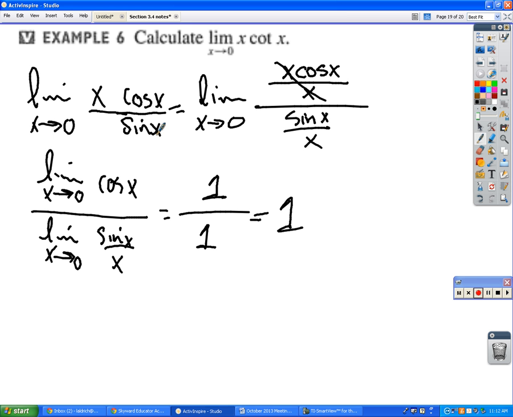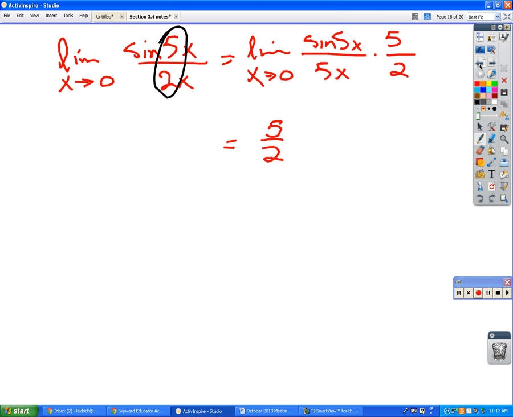Yeah, so I took this and I multiplied this by 1 over x and I multiplied this by 1 over x. And that gave me this. And I knew to do that because I knew I wanted sine of x over x, just like with these other problems here, I knew I wanted sine of 5x over 5x. So that I can end up with something that I can evaluate.